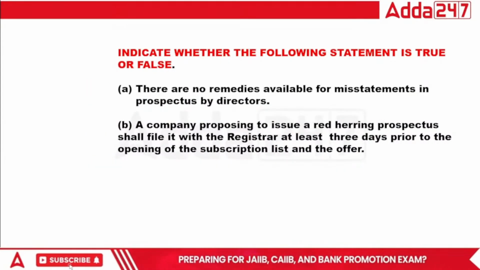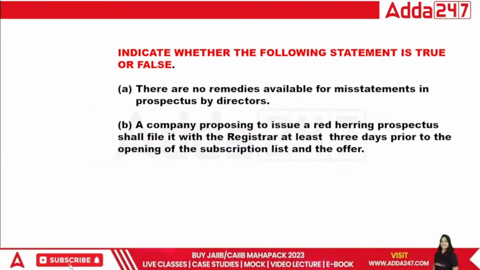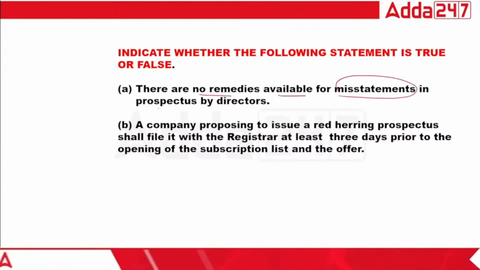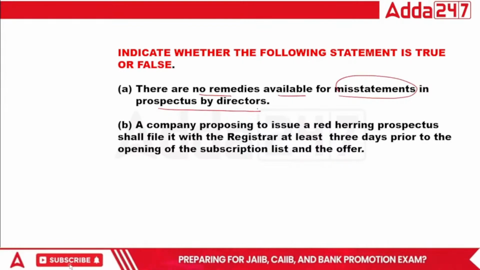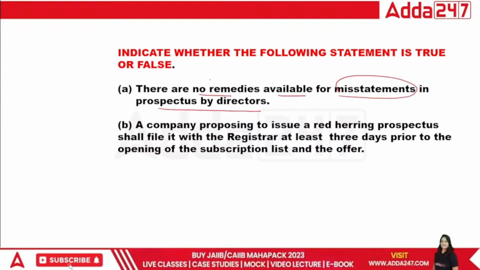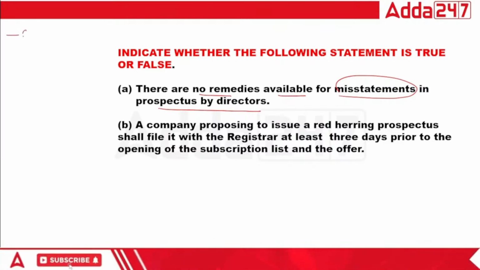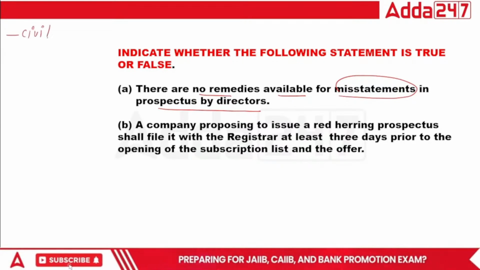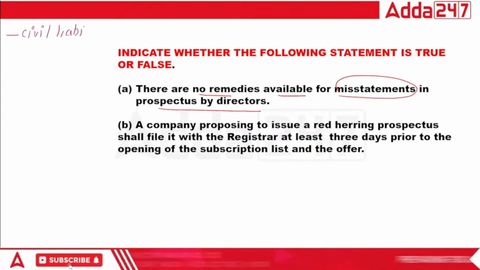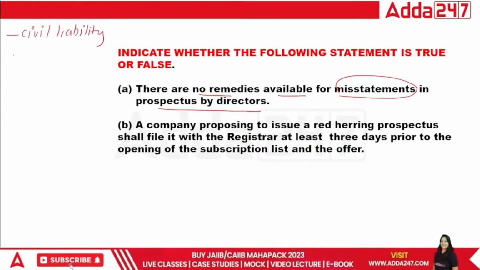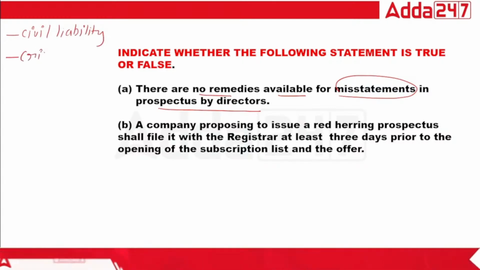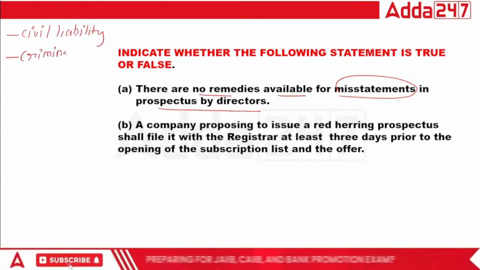Now, there is no remedy available for the misstatement in a prospectus by the director. If any misstatement is there, so there is no remedy. And I think we have just read in the prospectus, if any misstatement is there, there is civil liability and there is criminal liability.